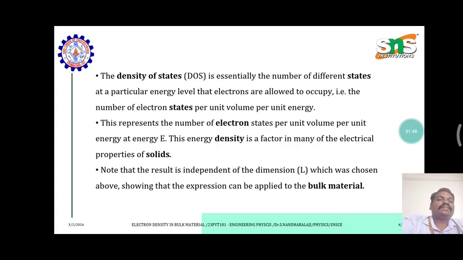This represents the number of electron states per unit volume per unit energy at energy E. This energy density is a factor in many of the electrical properties of solids. The result is independent of the dimension which was chosen above, showing that the expression can be applied to the bulk material.